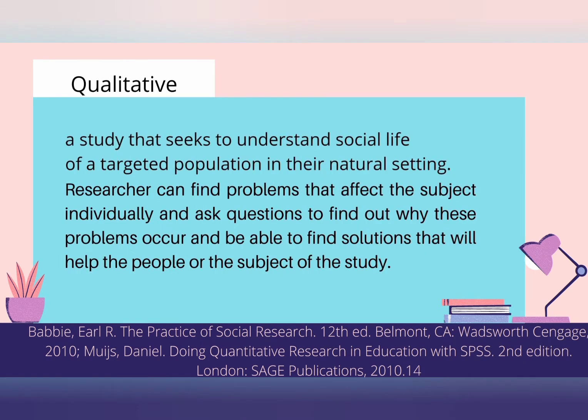On the other hand, qualitative research is a study that seeks to understand the social life of a targeted population in their natural setting. The researcher can find problems that affect the subjects individually and as a community. She can ask questions to find out why these problems occur and find solutions by listening to the people.